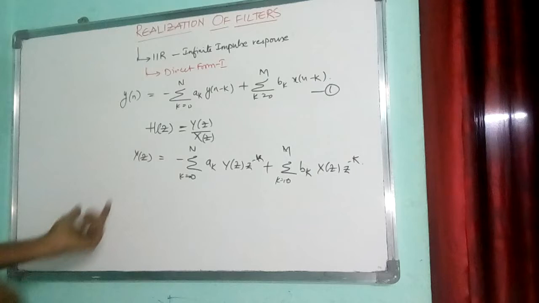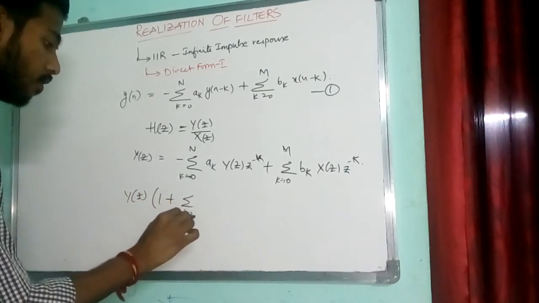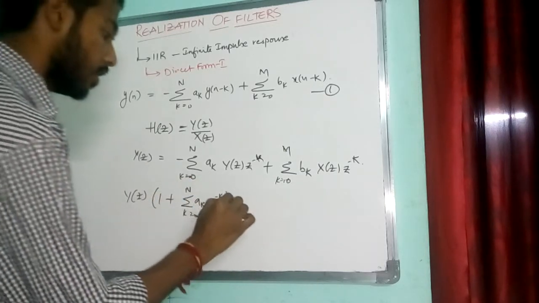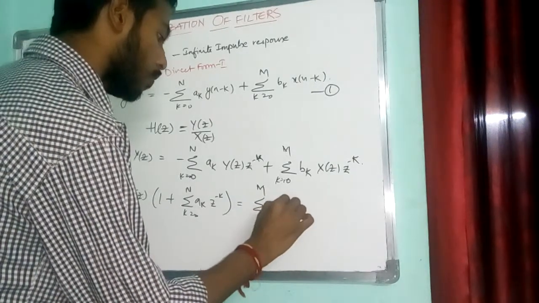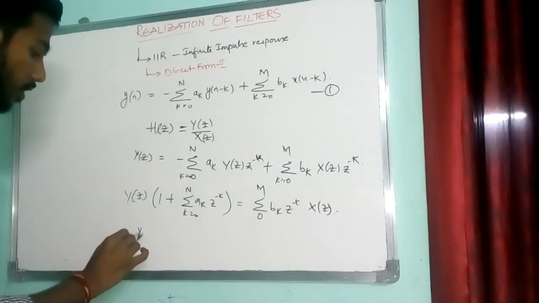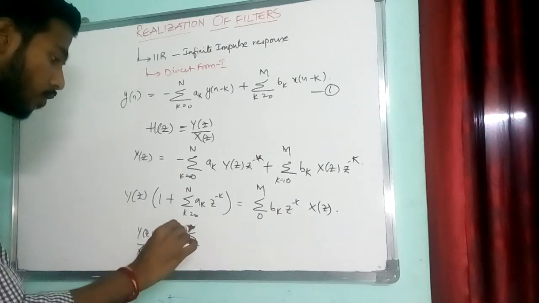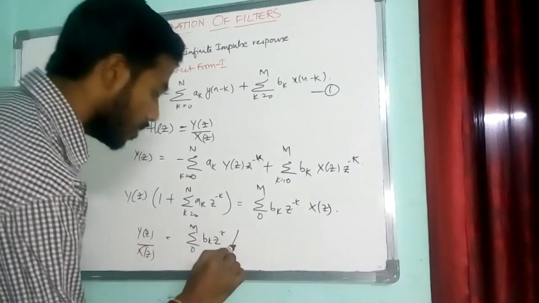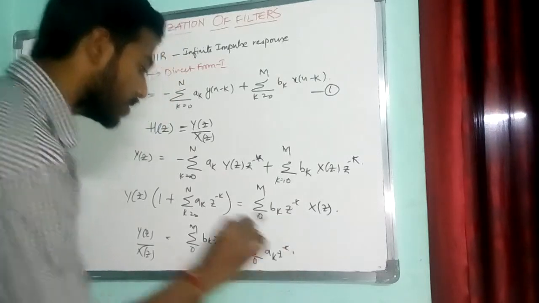Bring the Y of z terms here. We have 1 plus summation k equal to 0 to n, ak into z power minus k, times Y of z, equals summation 0 to m, bk into z power minus k, into X of z. If I cross multiply, I get Y of z by X of z equal to summation 0 to m, bk z power minus k, divided by 1 plus summation 0 to n, ak z power minus k.